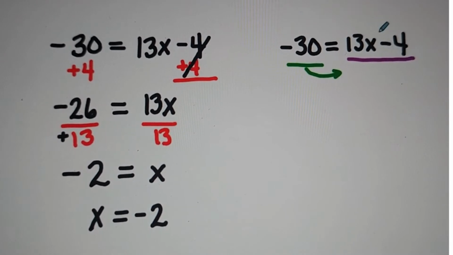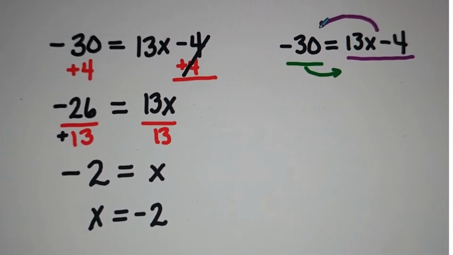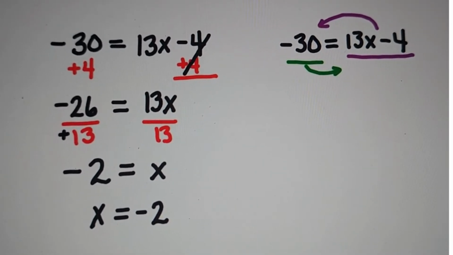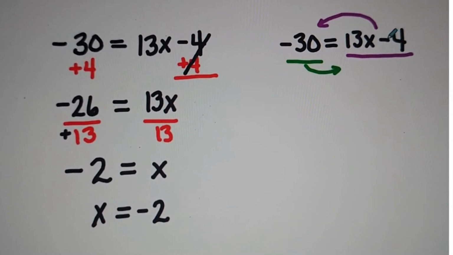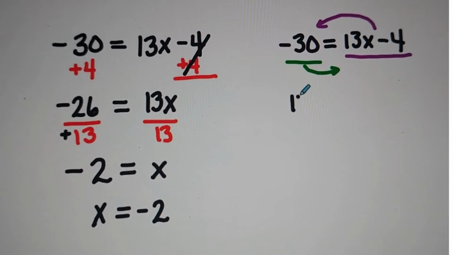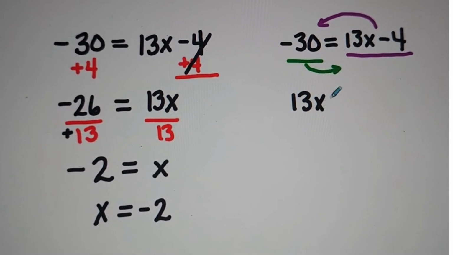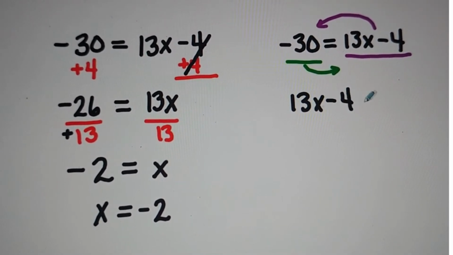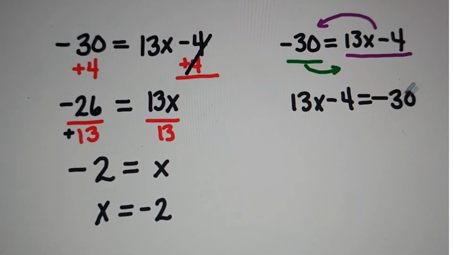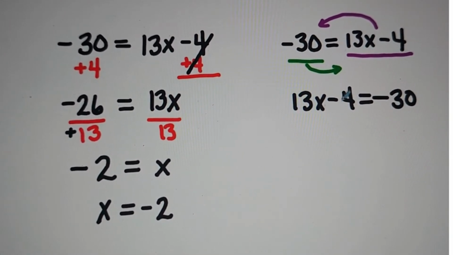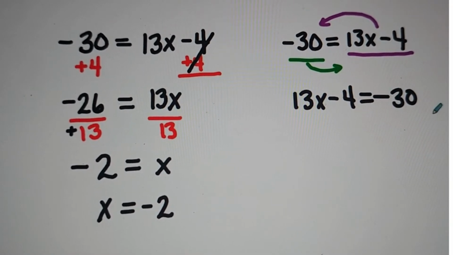So let's show that we're going to move it over, and we have to make sure when we rewrite the equation that we take every sign along with us. So we'll have 13x minus 4 equals negative 30.